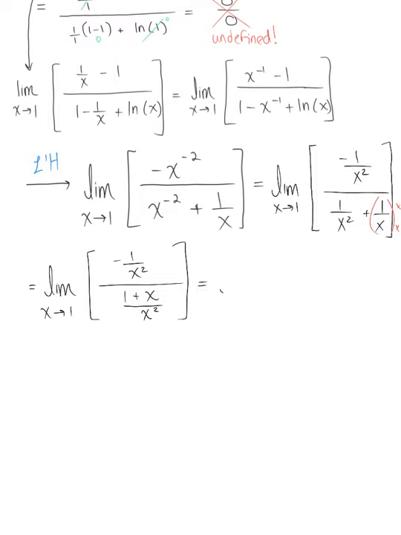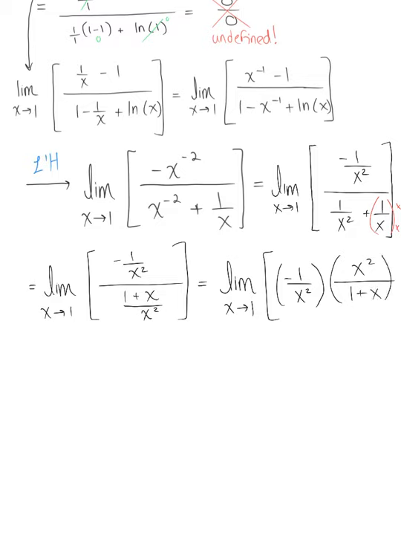We can simplify fractions in the denominator. We'll flip. So I have the limit as x approaches 1 of minus 1 over x squared multiplied by the reciprocal of our denominator, x squared over 1 plus x.